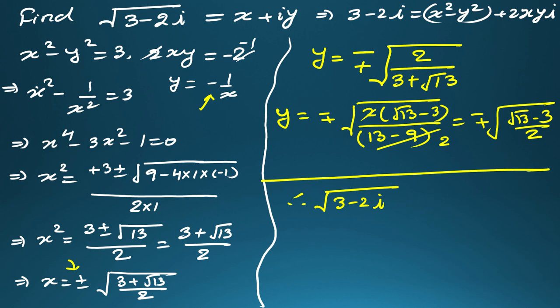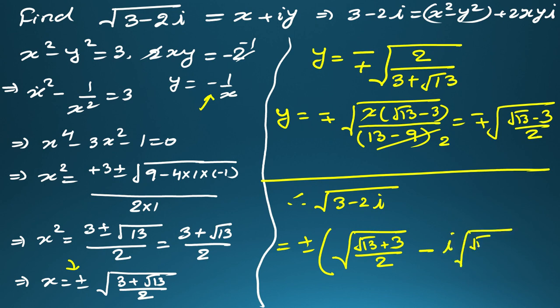It is equal to plus minus, value of x is square root of (root 13 plus 3) divided by 2. Here you will write minus because outside I have taken plus minus. So here you will write minus, and it will be i times square root of (root 13 minus 3) over 2. Like this you can solve the question.